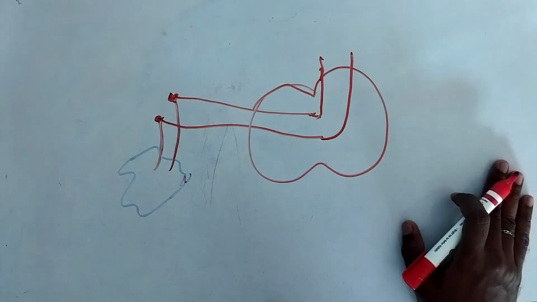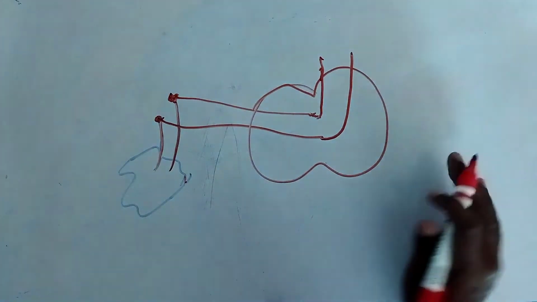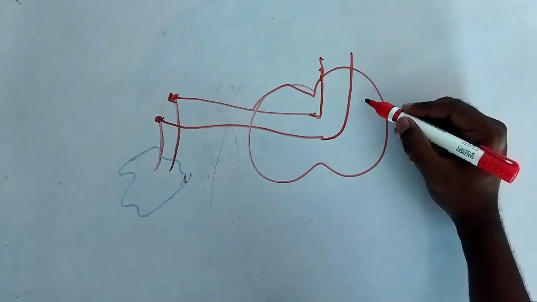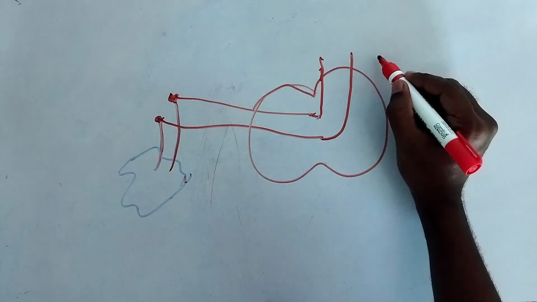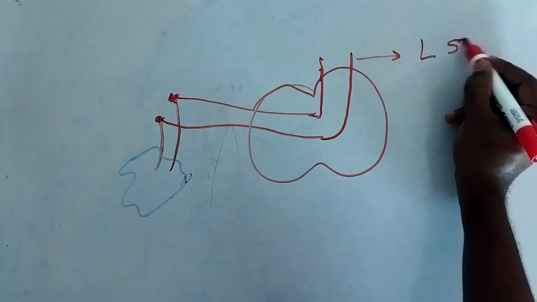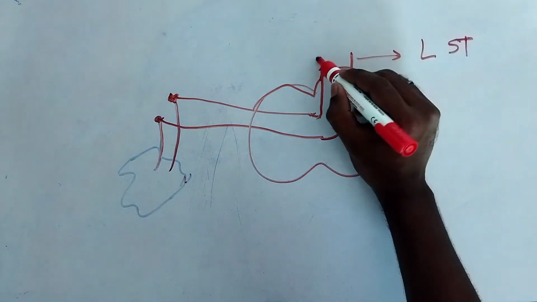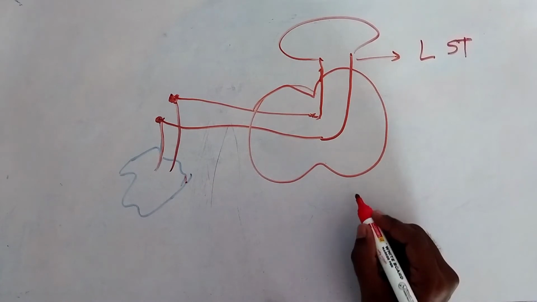This is the second order neuron, and it enters into the medulla oblongata by passing through the lateral spinothalamic tract, and there will be formation of the third order neuron.